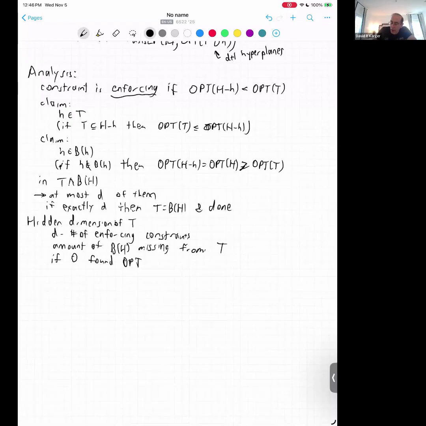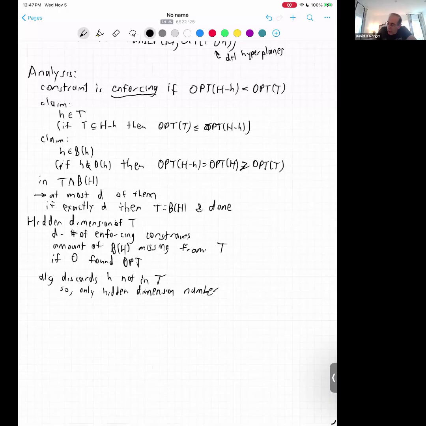But now notice, the algorithm discards a hyperplane not in T. So only this hidden dimension number of optimum hyperplanes can be discarded.